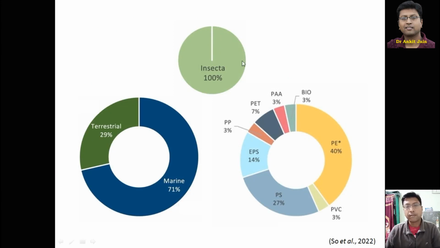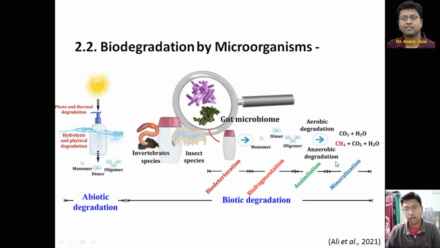Out of the 100% invertebrates, 29% terrestrial insects were found capable of degrading plastic, and 71% marine insecta were found capable of degrading plastic, and this is the ratio of plastic degradation by these insecta. Out of them, 40% of polyethylene is degraded by the insects.